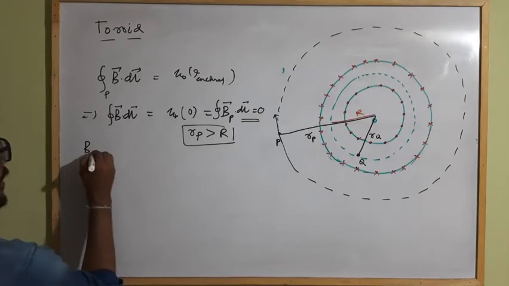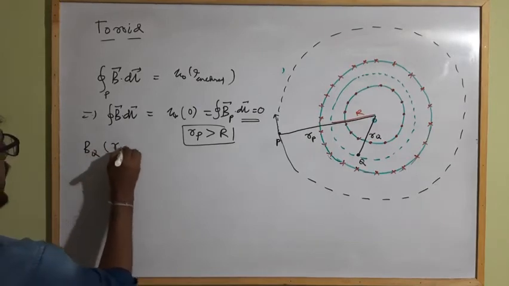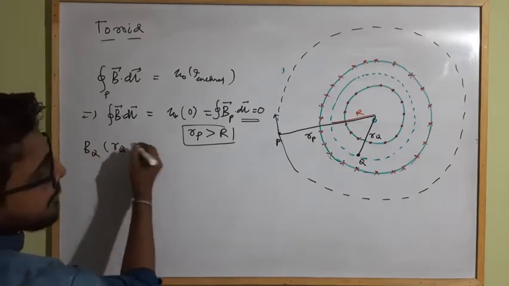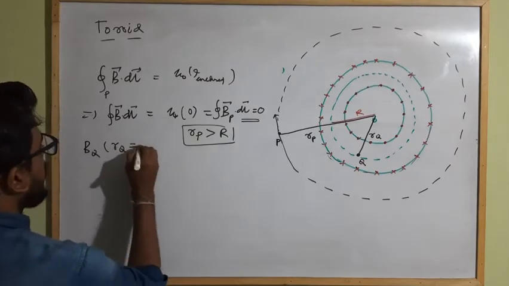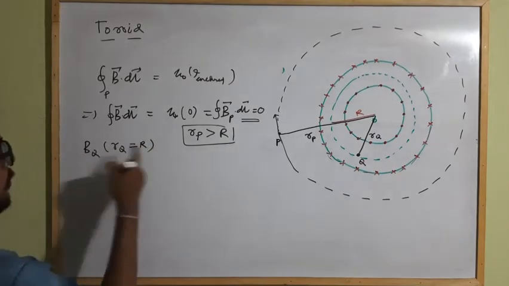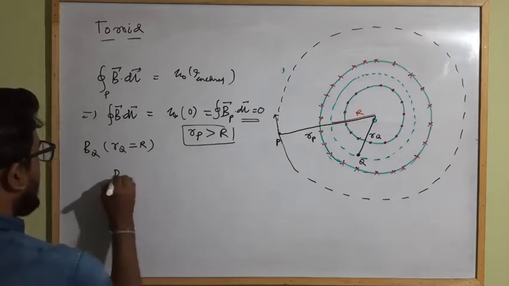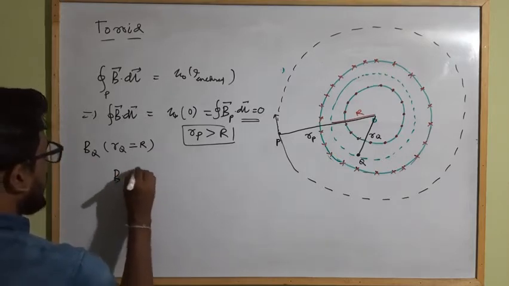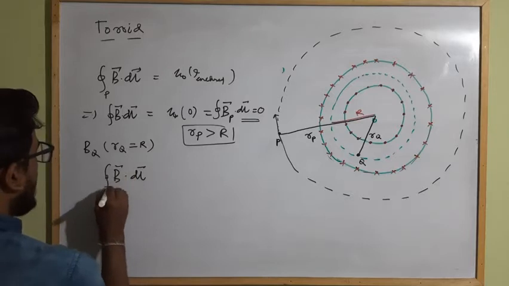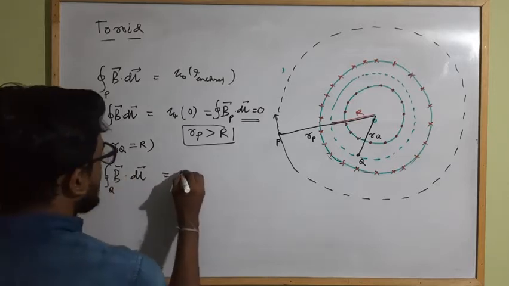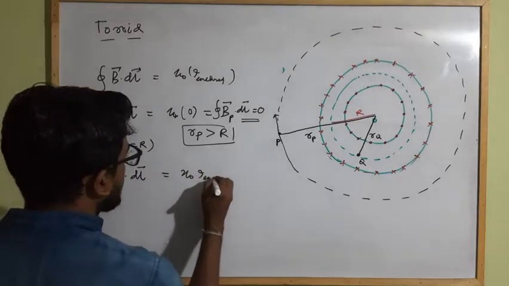Net B at Q, that is at RQ distance, which is nearly equal to the average radius of the tore of the toroid, that is R. So we can calculate now the closed integral of B dot dl over Q equal to how much? Mu naught I enclosed.